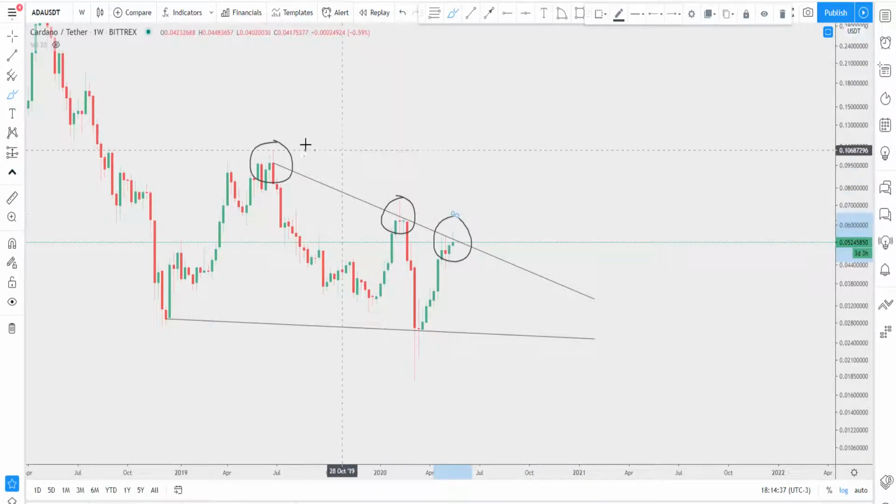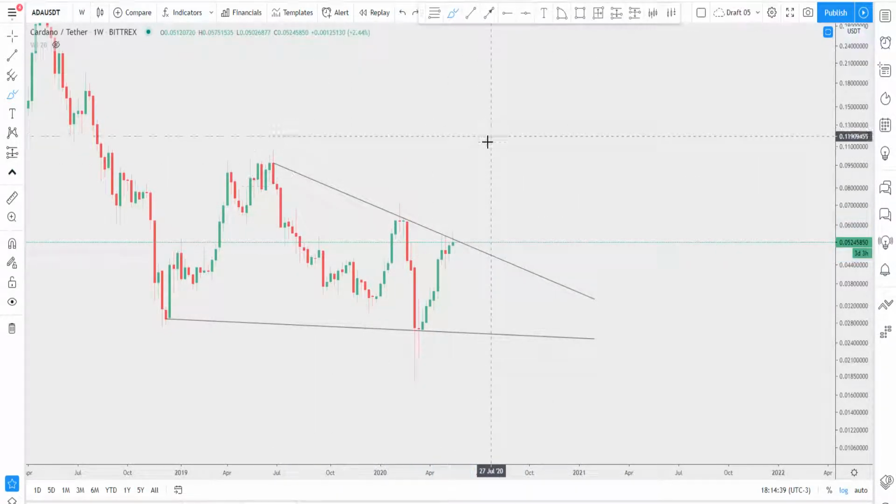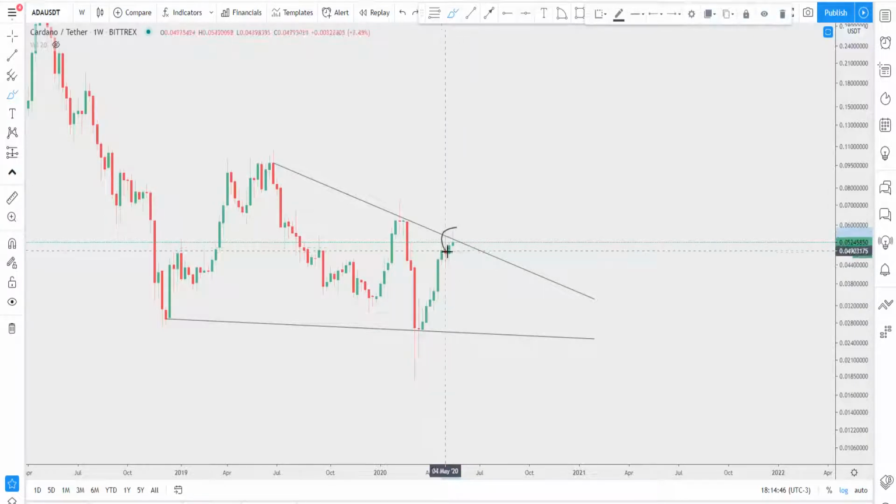So when we draw body to body, we end up with this kind of structure. And the issue here is this: we end up with a rejection, and people will say, well, that's no news here because we had this line and then we ended up rejected.